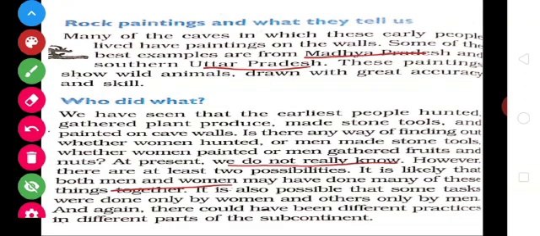And again, there could have been different practices in different parts of the subcontinent.